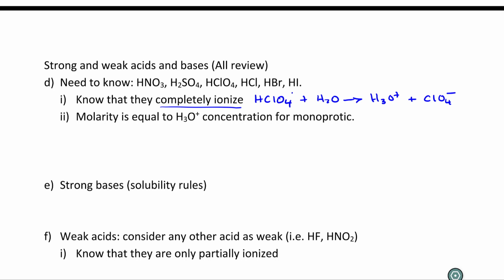So if you have a flask, and let's say it's 1 molar concentration. Kind of looks weird. Let me just redraw that. 1 molar concentration. What you end up with is actually 1 molar of hydronium ion, because this completely ionizes, and when it does that, it completely transfers the 1 mole per liter of hydrogen to water to make the hydronium, and then you also have 1 molar ClO4- perchlorate ion.